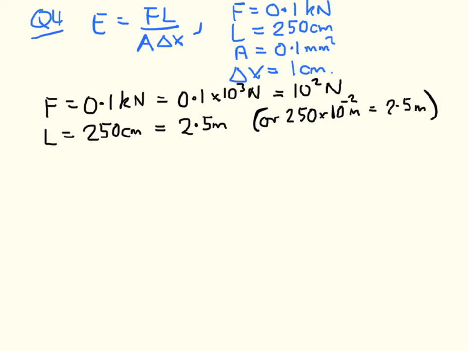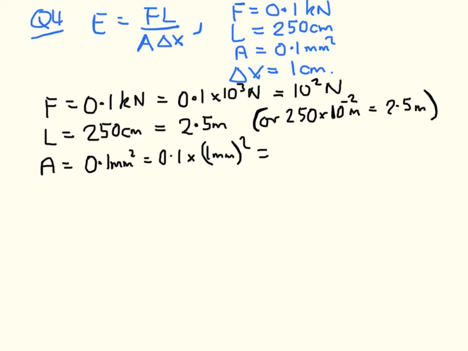So that's the first two quantities that we're going to need to put into the numerator, and this is now in SI units. A is given to us in terms of square millimeters, so it is 0.1 times 10 to the minus 2 square millimeters, so that's 0.1 or 10 to the minus 1 times 1 millimeter all squared, and a millimeter is 10 to the minus 3 meters.